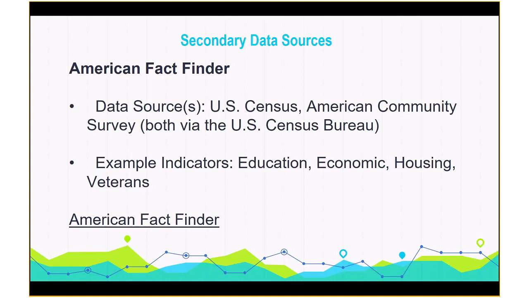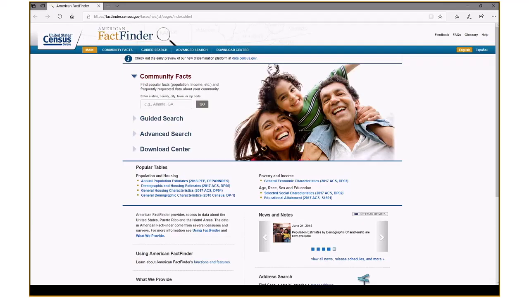Indicator data is going to be available on the left side. You are able to search by a city. For this example, we will look at Lansing, Michigan.